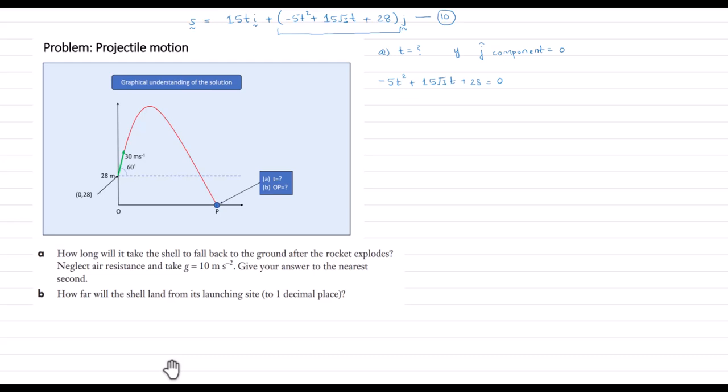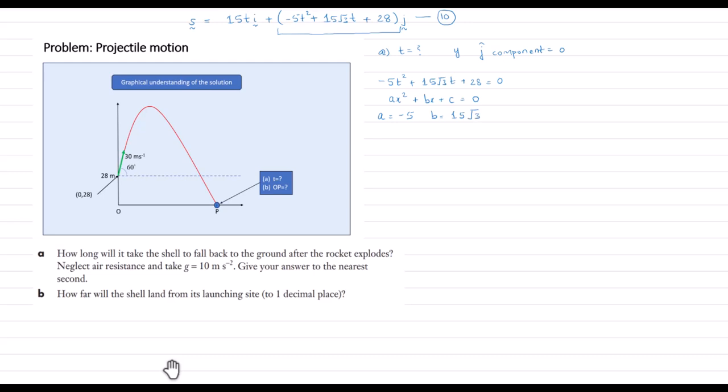And how do we solve this? This should be familiar and should be compared with the quadratic equation. The general form of the quadratic equation is ax square plus bx plus c equal to 0. Now, if you compare these two equations, you will get a equal to minus 5 and b equal to 15 root 3.